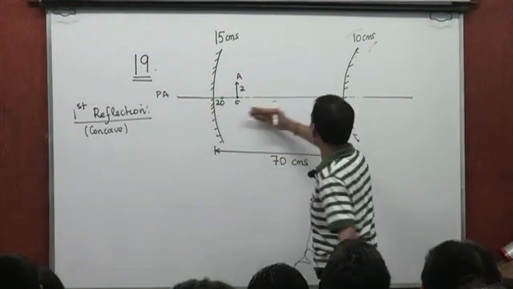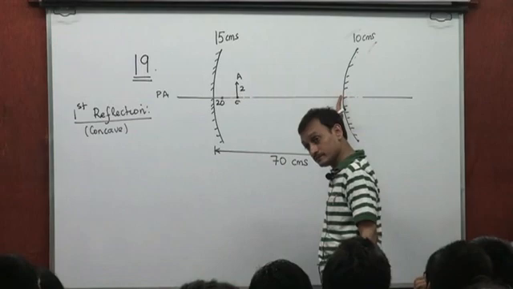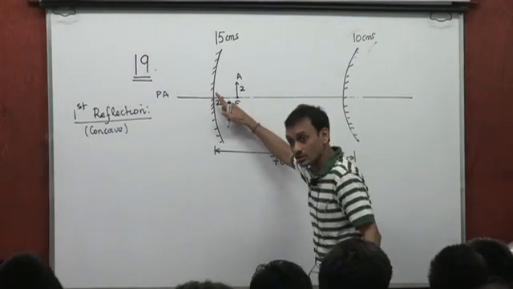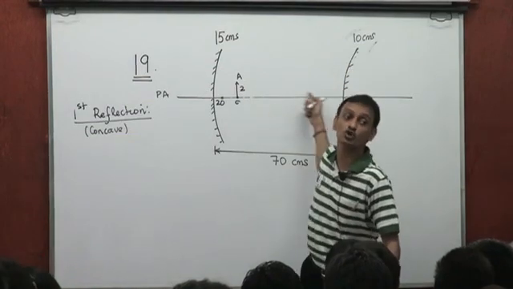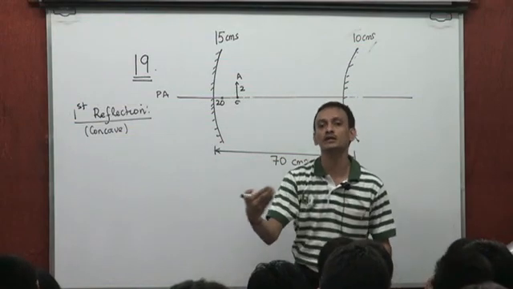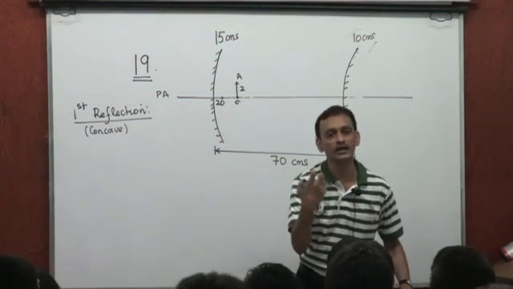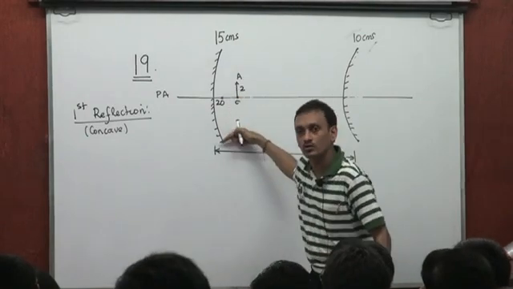The second series of images is obtained by the first reflection occurring here, the image of this acting as object for this, then again the image of this acting as object for this, and so on, right? So two series of images. In the problem, the author says very clearly, we are looking at the reflection first occurring at the concave mirror.